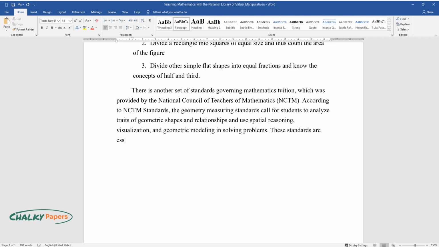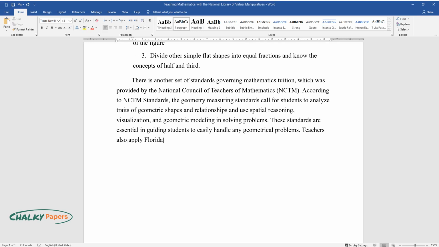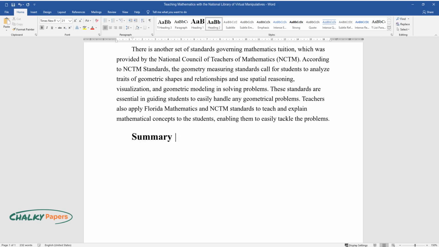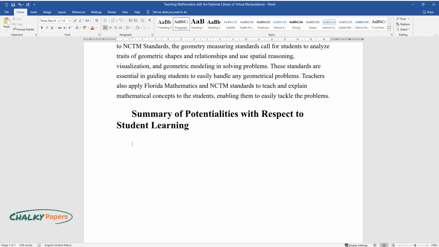These standards are essential in guiding students to easily handle any geometrical problems. Teachers also apply Florida Mathematics and NCTM standards to teach and explain mathematical concepts to the students, enabling them to easily tackle the problems.